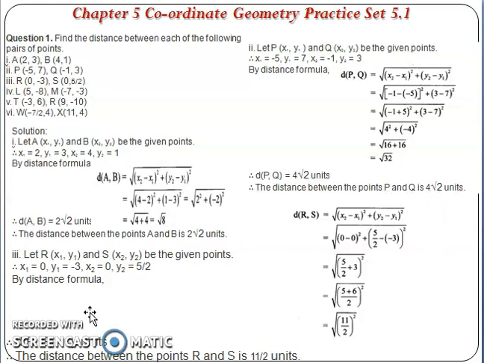In a similar way you can find the distance RS, that is the third question, where R(x1, y1) and S(x2, y2) are the given points. Again you will substitute the values in the formula and you will get the square root of (11/2) whole square. That means the answer will be 11 upon 2 units.